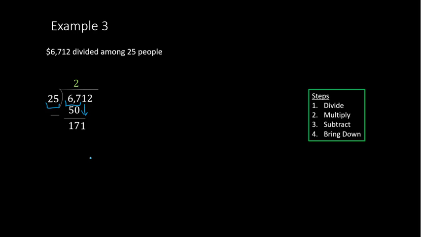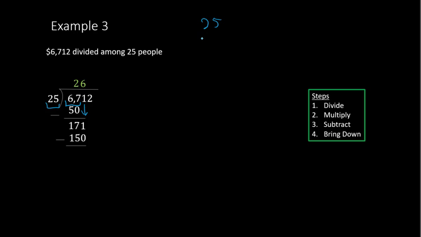So 6 quarters would be 150. 7 quarters would be another 25 cents, which is 175, and that's too big. We need 171, so this would be 6. 6 quarters is 150 cents, so 6 times 25 is going to be 150.